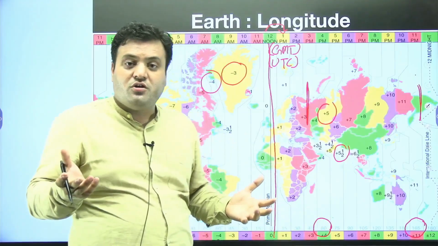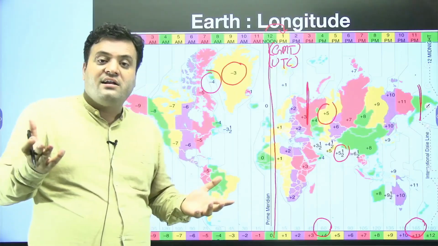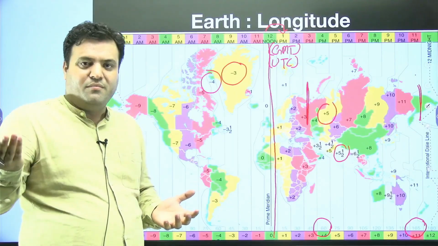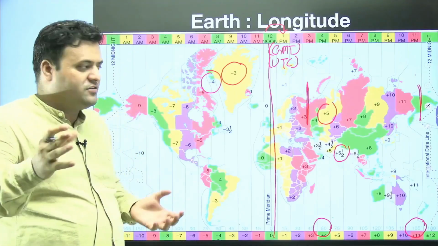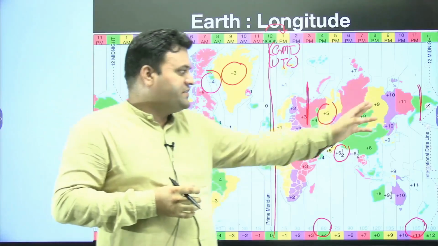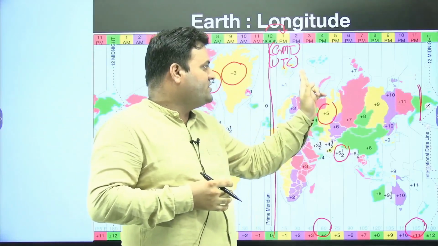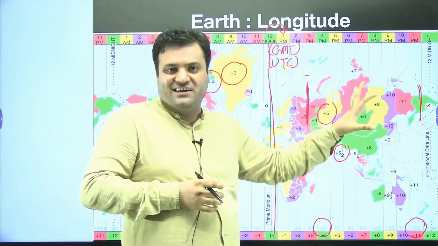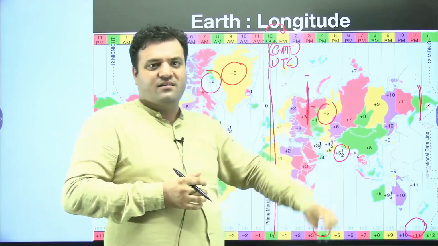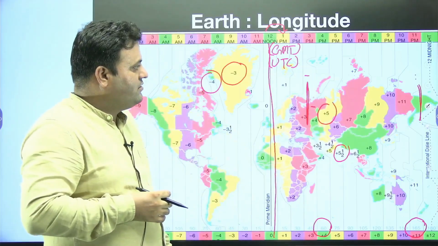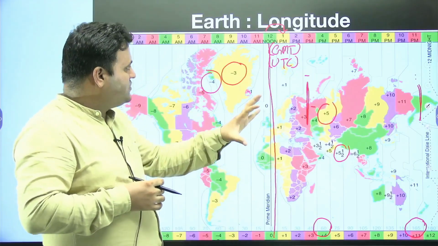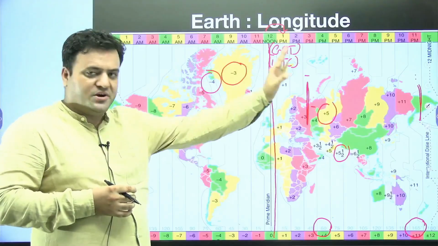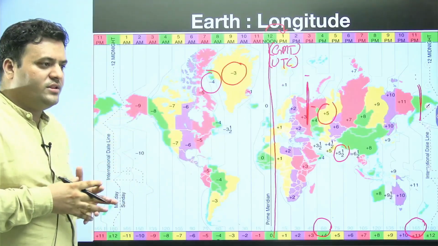So there is a variation of 100 degrees, and if you convert it to time, multiplying by 4, 400 minutes, you can imagine that for a person sitting here and a person communicating from here, there will be some sort of delay, or even a delay in terms of sunrise or sunset, likewise. All right, so this is how longitude is relevant in order to determine the different time zones over the Earth's surface.